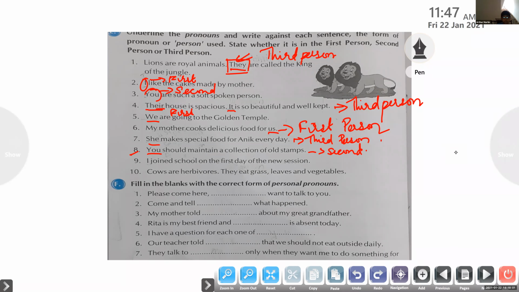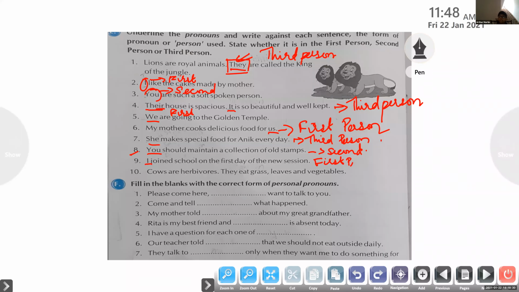I joined school on the first day of the new session. So, I, yes, it stands for first person. I and we are first person. You is second person. He, she, it, and they stand for the third person and their different forms.